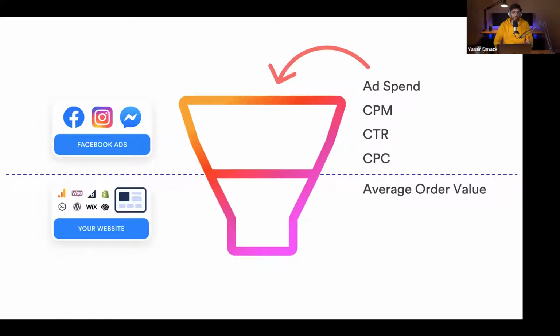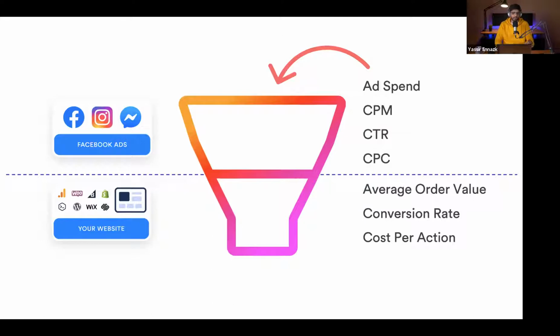And that's going to directly affect how much you can spend on ads and stay profitable, all right? The conversion rate is the conversion rate on your website or on your sales funnel. And the conversion rate determines how many people out of those who came to your website are actually going to buy. The cost per action is going to be, if you are selling e-commerce products, it's going to be the cost per purchase.